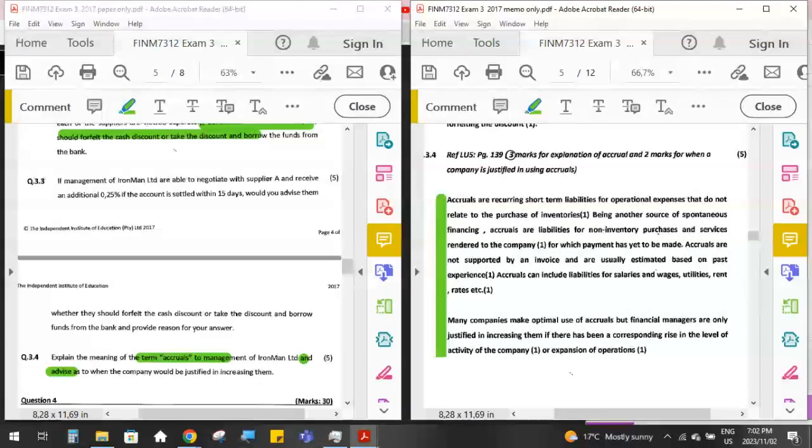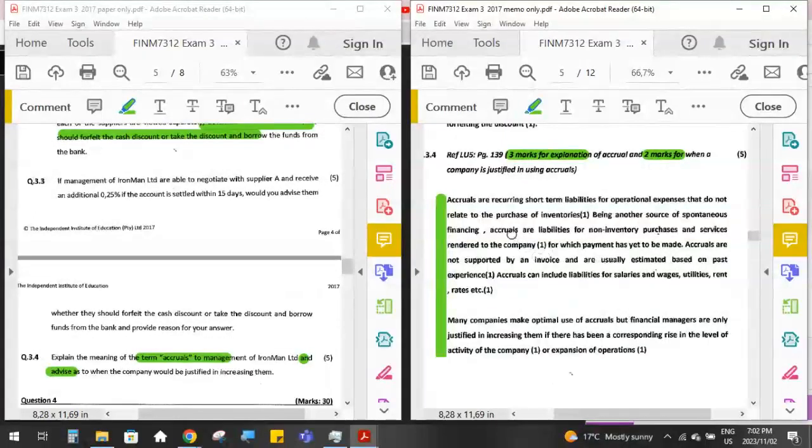So it was for 5 marks, 3 marks for the explanation of what an accrual is. What did they say? Explain the term accrual. So 3 marks for explaining the term accruals, and then 2 marks for saying when a company is justified in using accruals. Remember, that was the second part of the question.